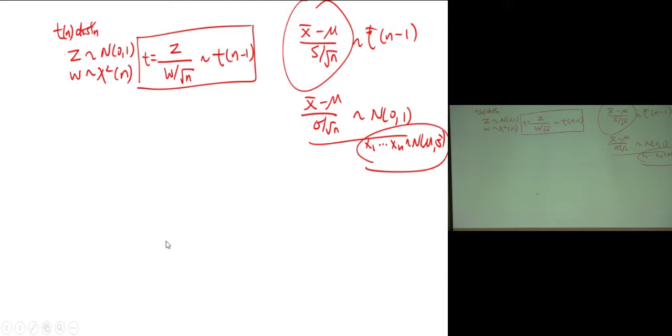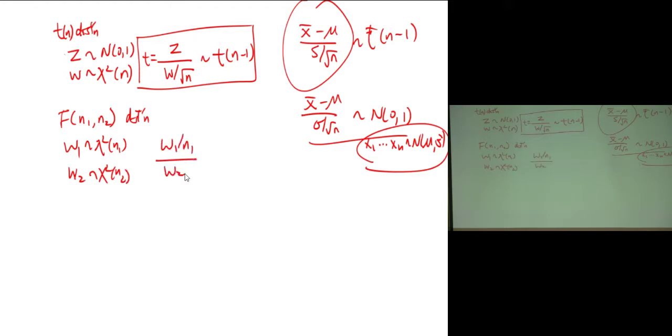We also have an F distribution with two degrees of freedom, n1, n2. Basically, if W1 follows a chi-square with n1 and W2 follows a chi-square with n2, then W1 over n1 divided by W2 over n2 follows an F distribution with n1, n2. And we make use of this one to get the distribution of this.